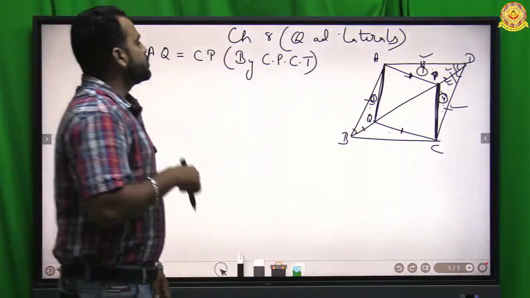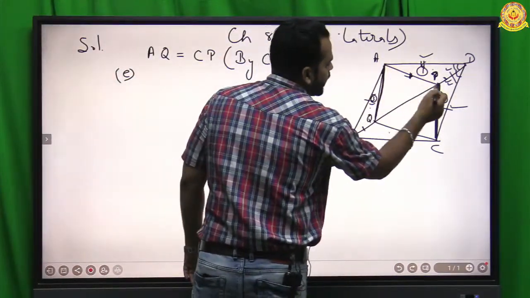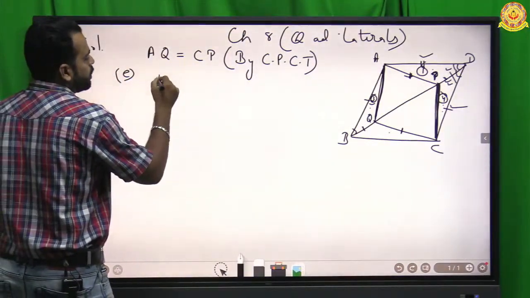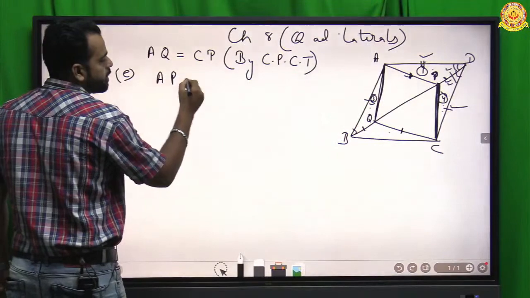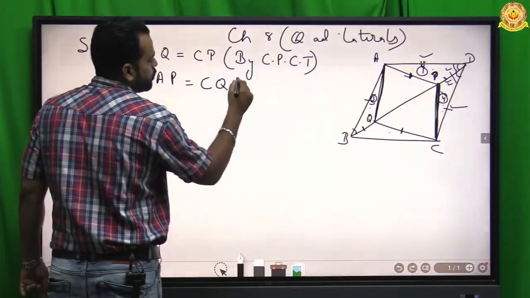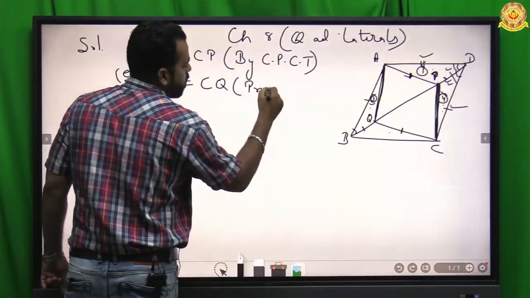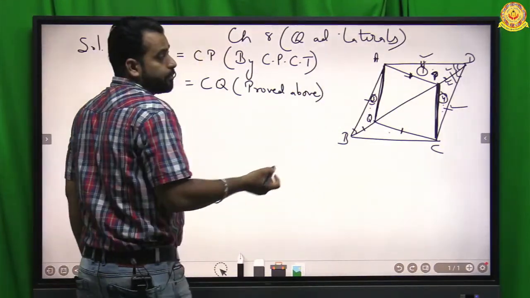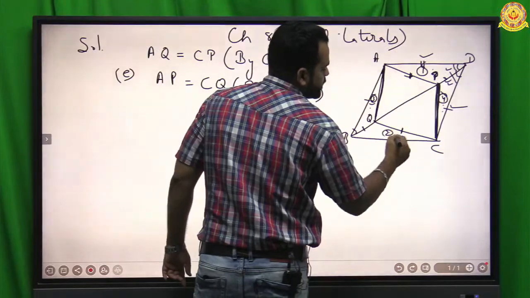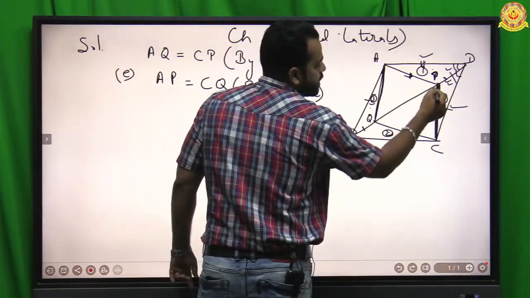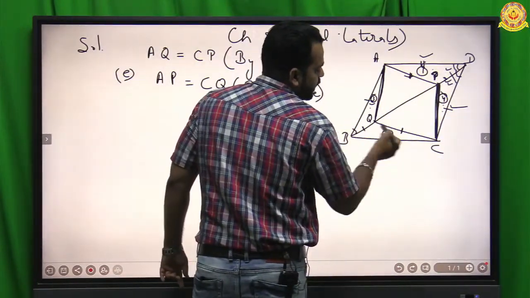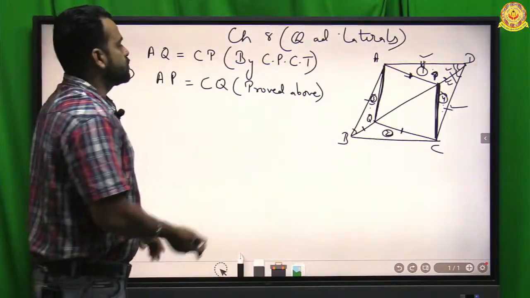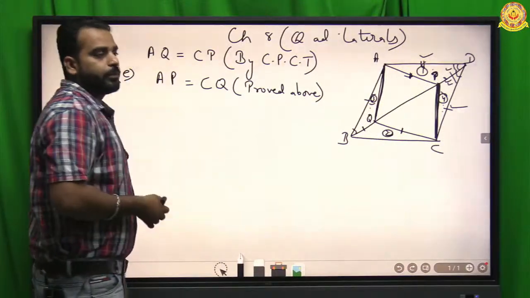Okay, so we already proved that AP is equal to CQ. So you can write that we already proved AP is equal to CQ. We proved above, because we proved that triangle number 1 and 2 are congruent. Therefore this AP is the component of triangle number 1 and this CQ is the component of triangle number 2. So they are equal, right? So that's why we have written here: proved above.